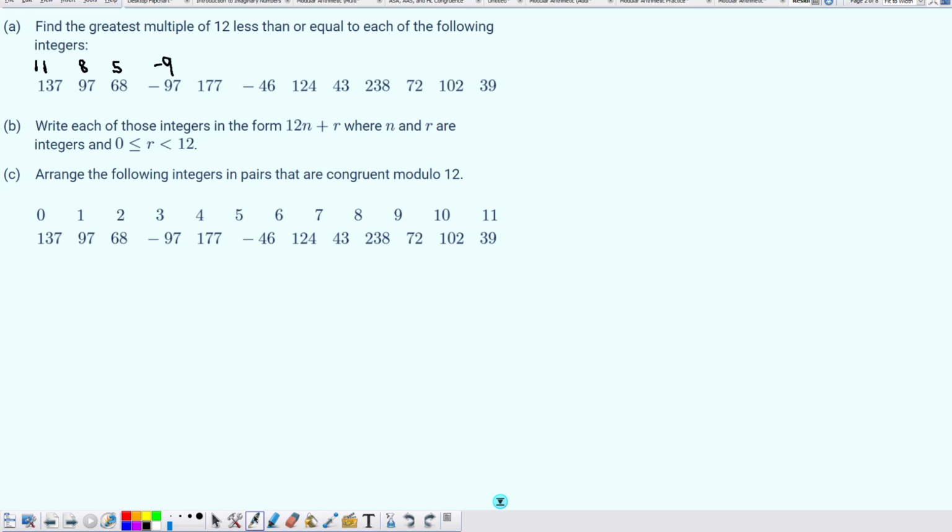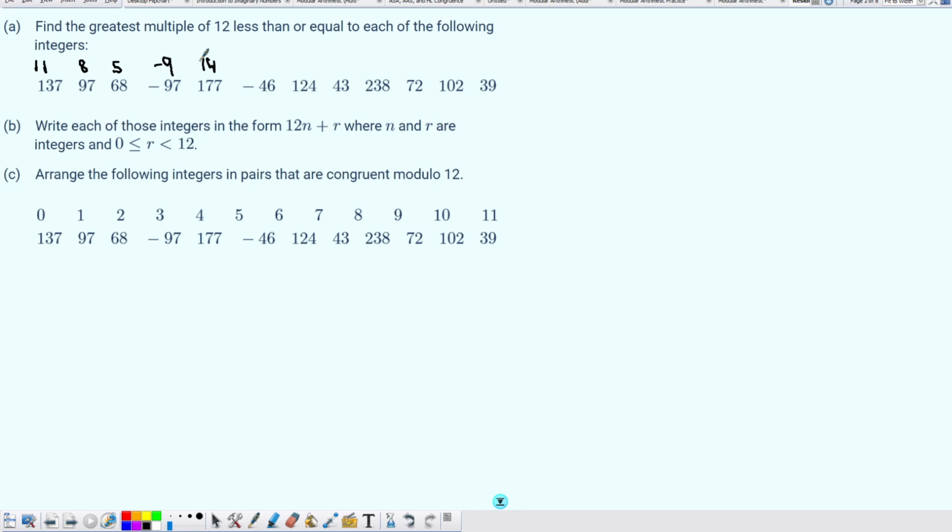Continuing onward. 177. Well, 14 times 12 is 168. Another 12 would be 180, too much. So I'm going to have to go with the 14.